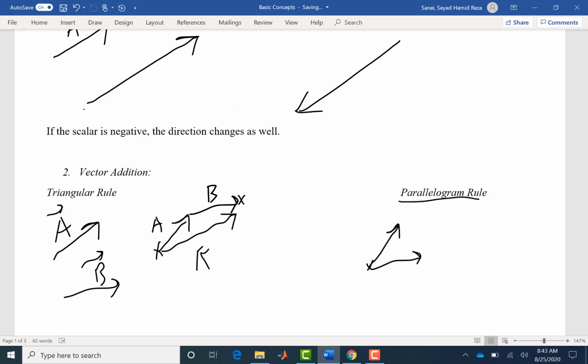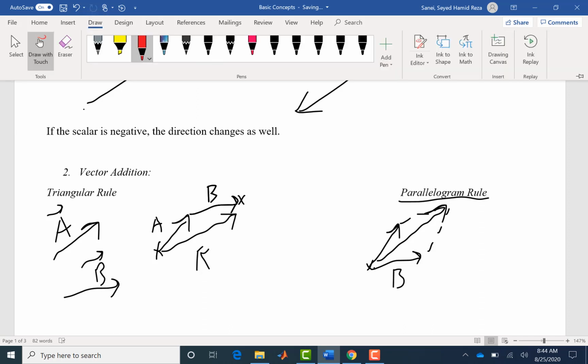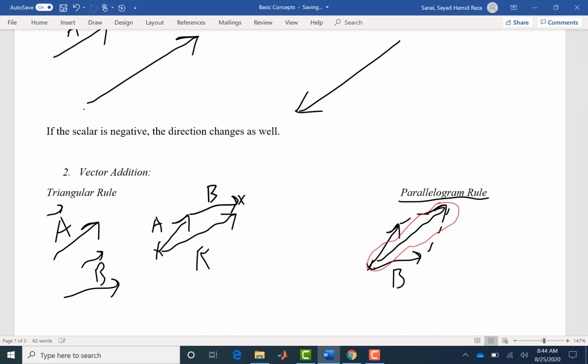So for parallelogram rule, I draw a parallel line to both of these vectors. So parallel to this vector, to vector B here, I'm just going to try to draw a parallel line here. I'm writing on a screen, so it's not going to be completely straight. That would be the resultant vector. This would be the resultant vector, which is the same as this method.